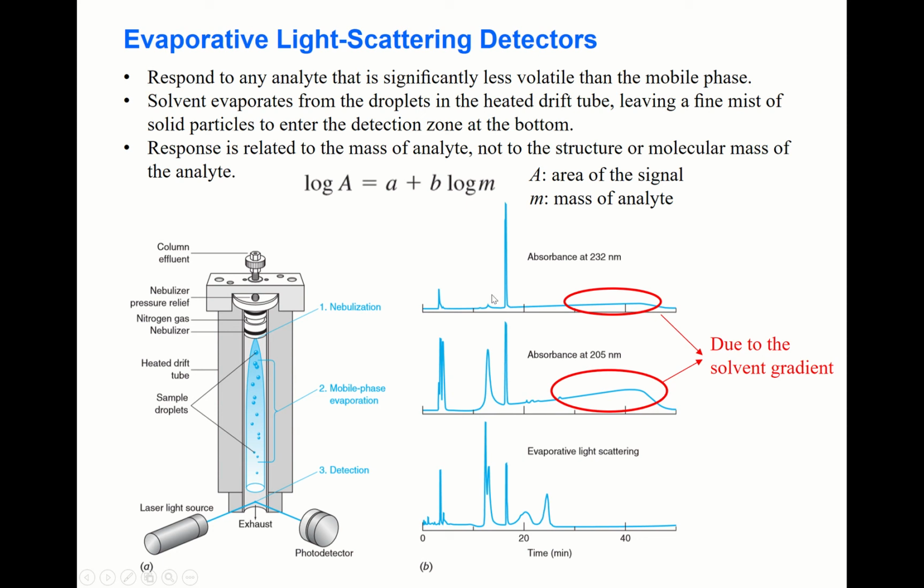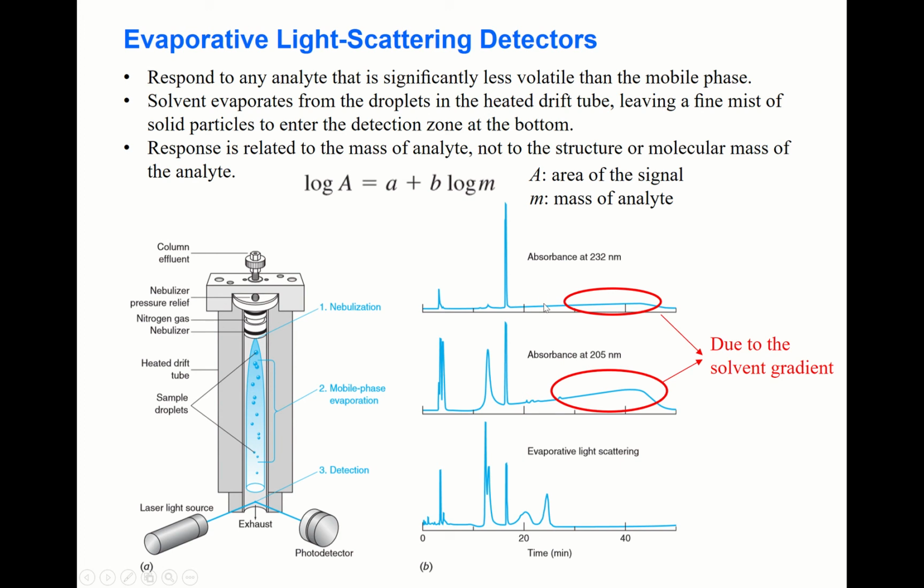Actually this one, maybe here, I think this is the non-retaining species. But if you use the UV light at 205 nanometers, then you detect more peaks, here and there, right?